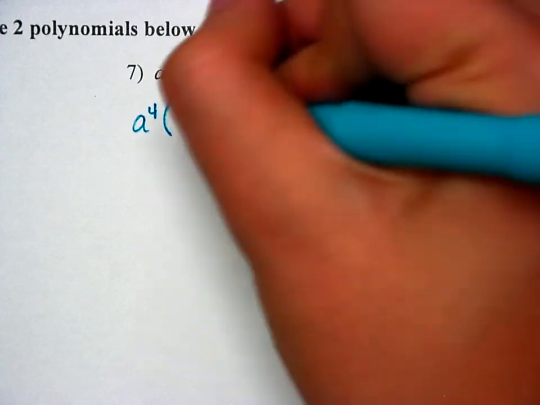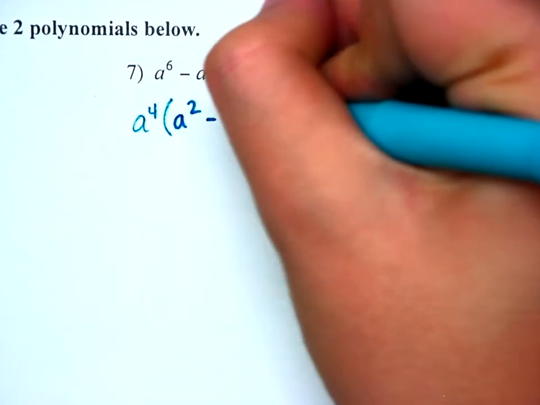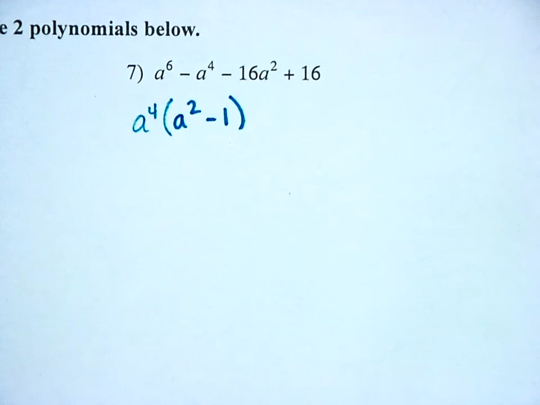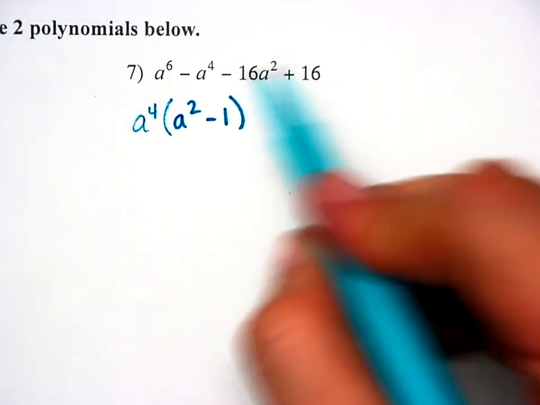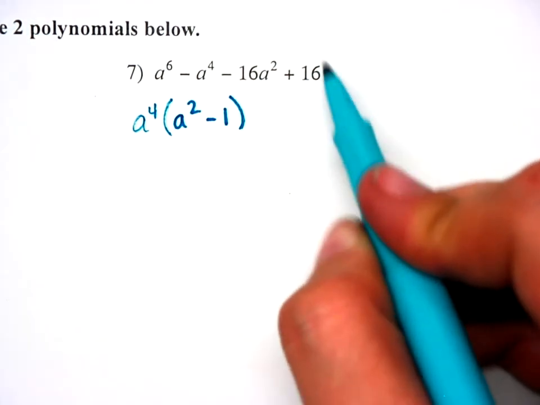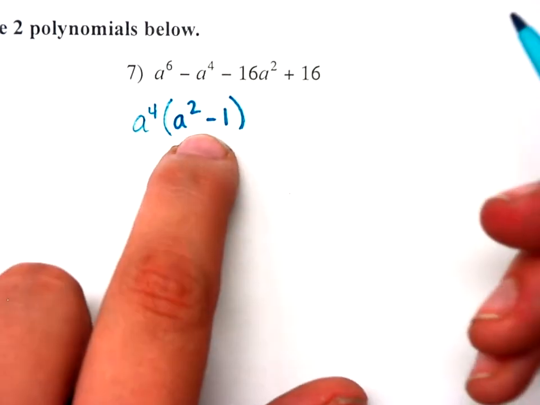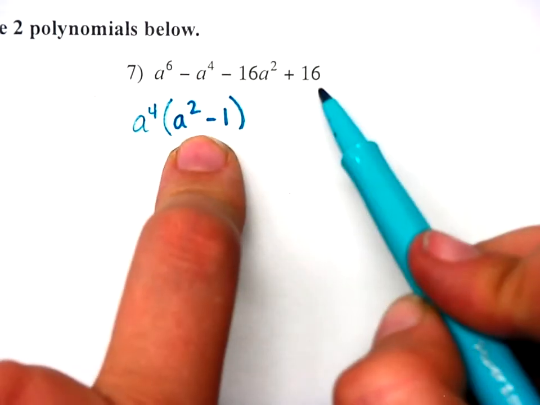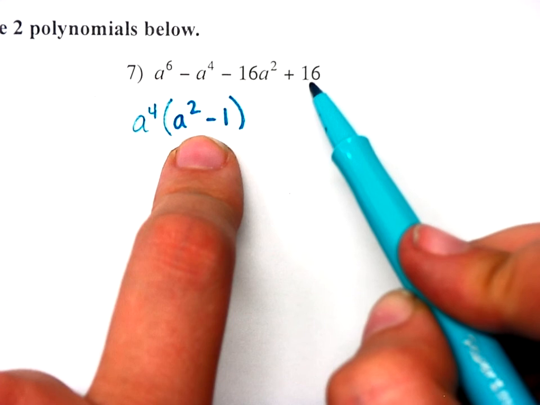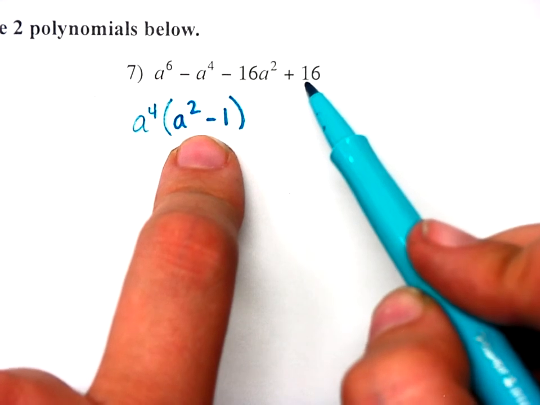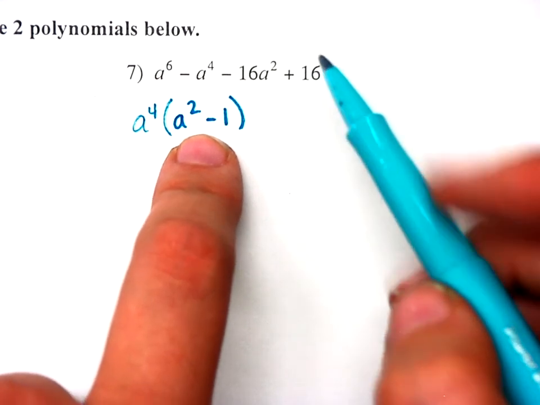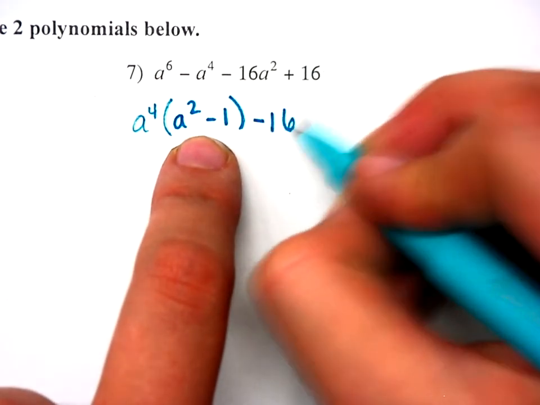And then I've got a squared minus 1 left over. And then for these 2 terms, I can factor out a 16, but again, remind yourself, you want these parentheses to look the same. If I factor a 16 from this 16, I'll have a positive 1, but I want it to be negative. So I'm going to factor out a negative 16.